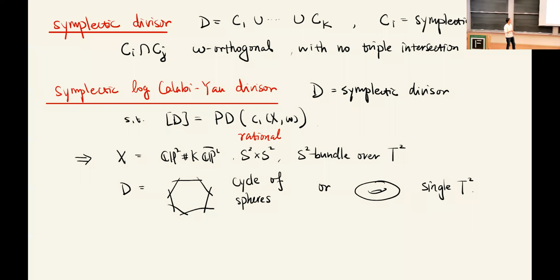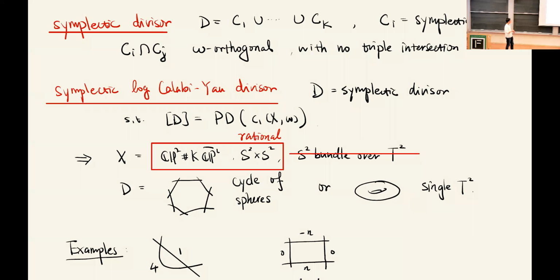It has to be either a cycle of spheres, where each component is a symplectic sphere, or a single symplectic torus. For this talk, we will only be talking about rational manifolds, so just blow-ups of CP2 and S2 cross S2.